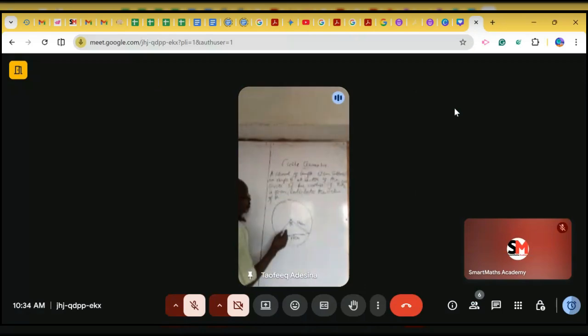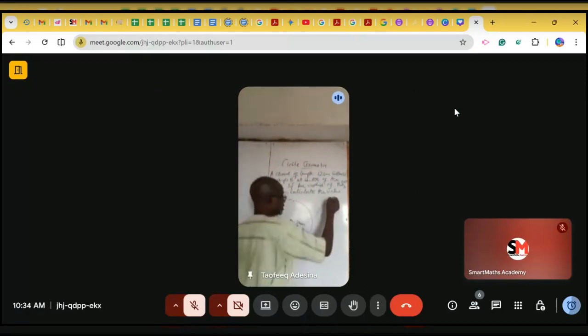According to the theorem, we have a right angle triangle, meaning that this angle is half of theta. This is also half of theta. Like I said earlier, the triangle we have inside is an isosceles triangle.